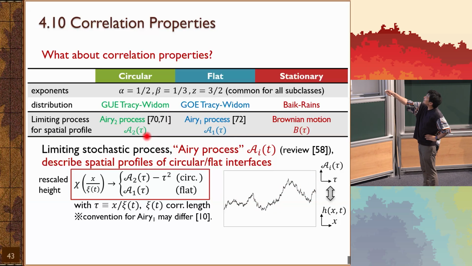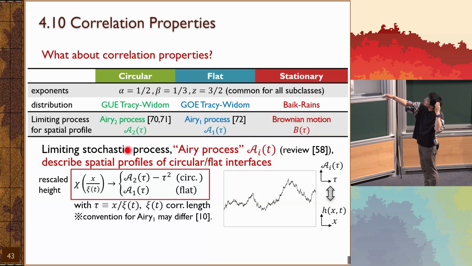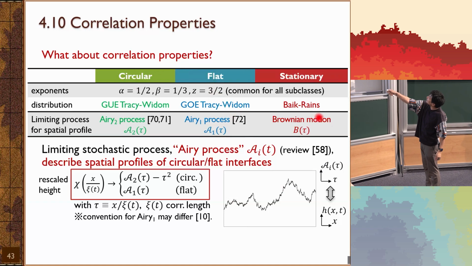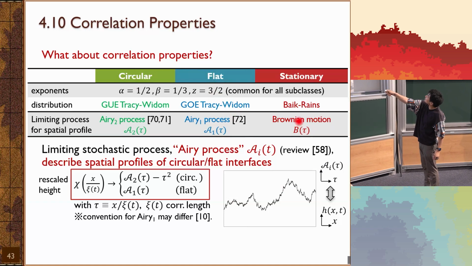And that limiting process is characterized exactly for each of the universality subclasses. It's called Airy-2 process for the circular case, Airy-1 for the flat case, and for the stationary, it is just a Brownian motion.